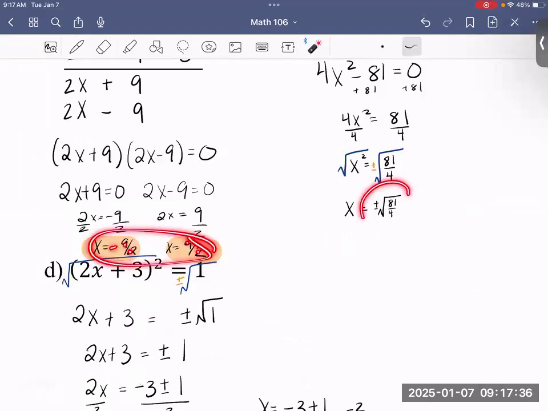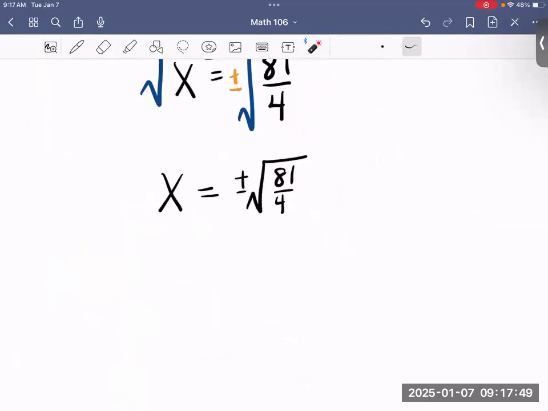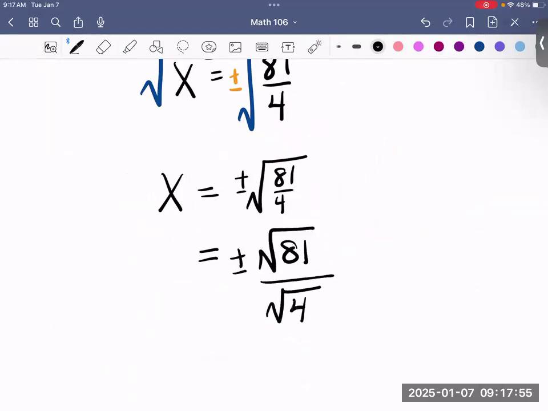How does that relate to this one over here? Well, 9 is the perfect square for 81. And same thing with 2 and 4. So that must mean we should be able to break up these square roots, which is exactly what we want to do. The square root of 81 is 9.